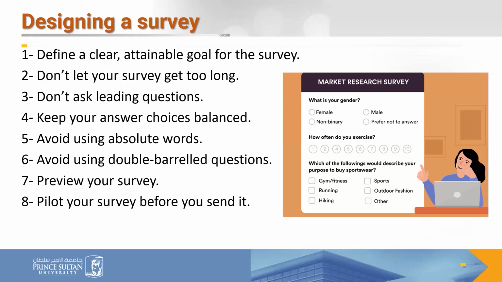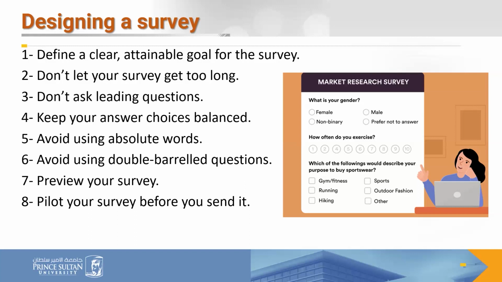Like when you give them a rating scale: extremely helpful, helpful, or neither helpful nor unhelpful. This is not balanced. You need to make it extremely helpful, helpful, neither helpful nor unhelpful, and then unhelpful, extremely unhelpful, so that there is balance.